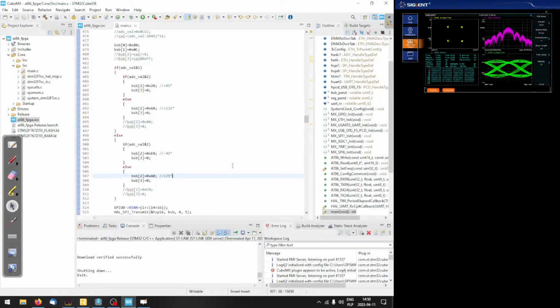So if you apply unnecessary filtering at the receiver side, you can see that the eye is closing, because the filter adds some modulation error ratio that is being measured by the instrument. It's 22 dB, and hopefully if we turn the filter off, we should get a better value.